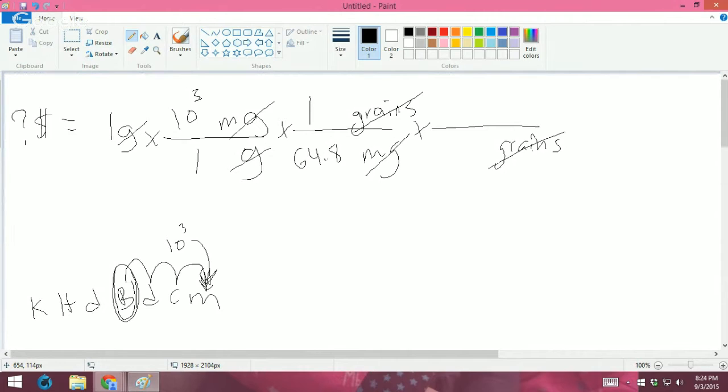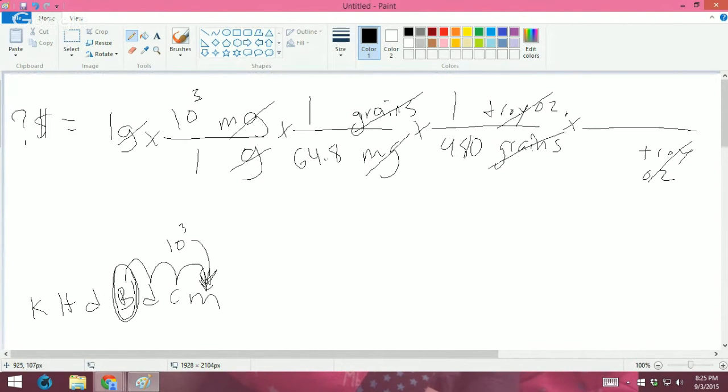So we're getting there. I'm going to get out of grains and into troy ounce. Once again, I don't really know what those are, but that sounds great. It tells me in the textbook that 1 troy ounce is equal to 480 grains. All right. Keep going. On the bottom, we'll put troy ounce because I want to get out of it.